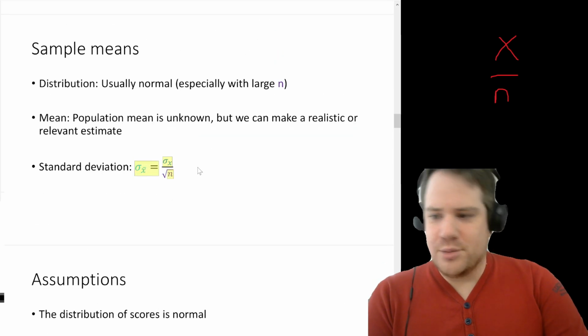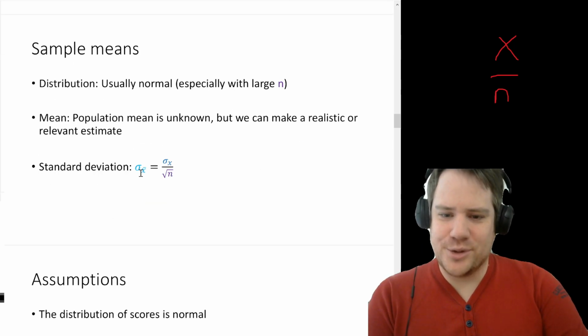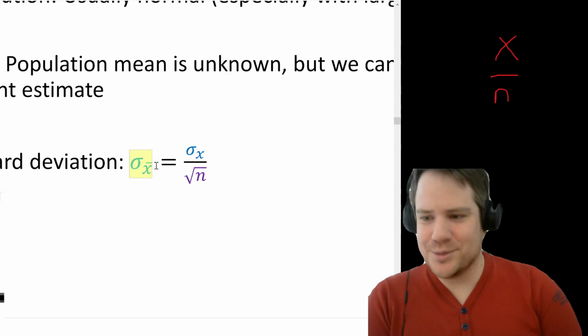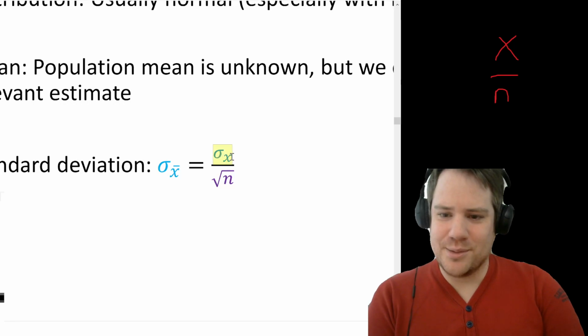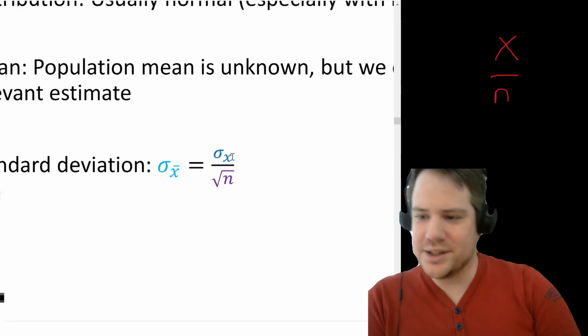And this formula is probably familiar, but the most important thing to remember is there's a big difference between this x and that x. This is for the sample means, the sampling distribution, and this is for the population distribution, for how individuals in the population are spread.